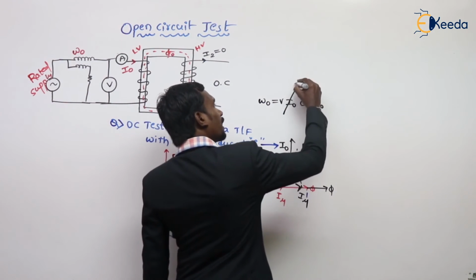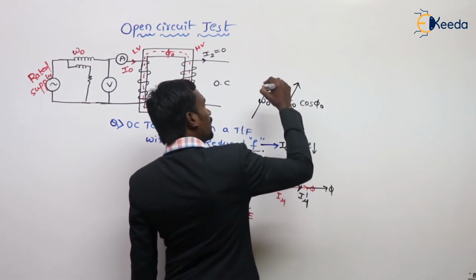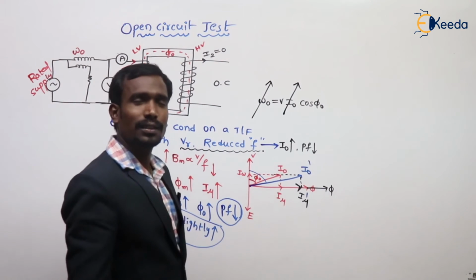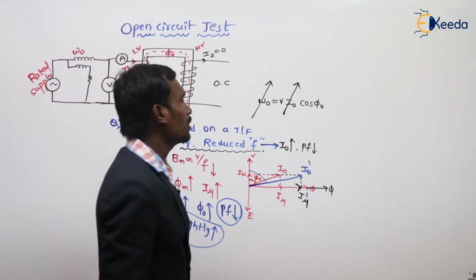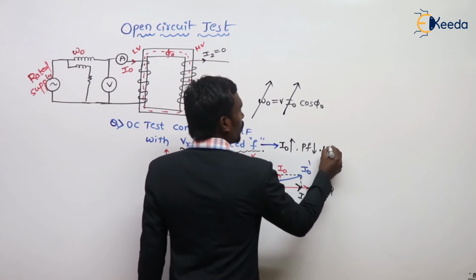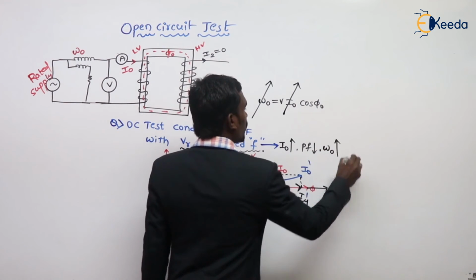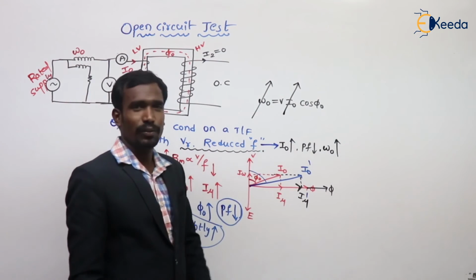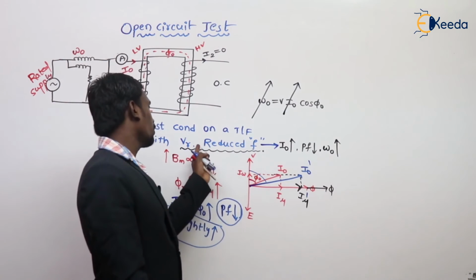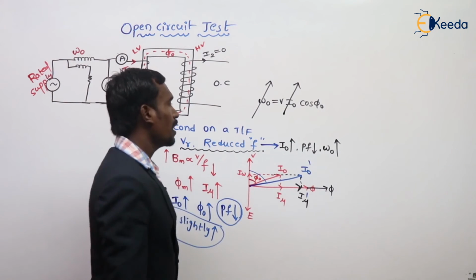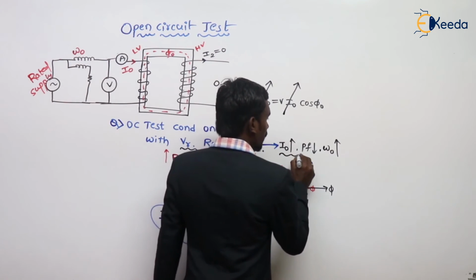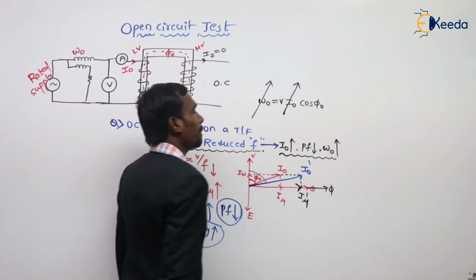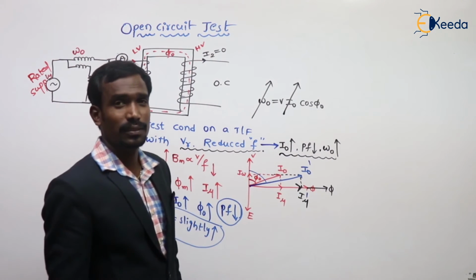When the no load current increases, automatically no load losses also increase. So another conclusion: no load losses also increase with rated voltage, reduced frequency. No load current increases, power factor decreases, power losses increase.